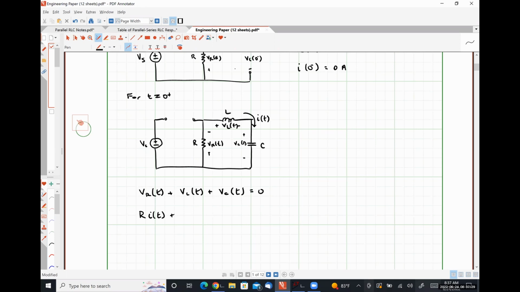Our inductor voltage VL of t is given by L di by dt.